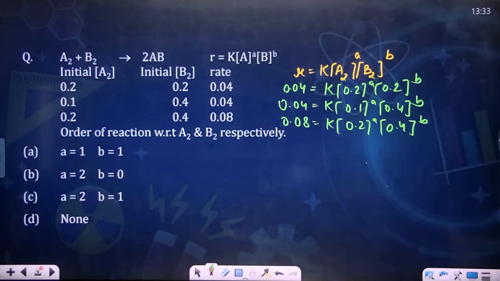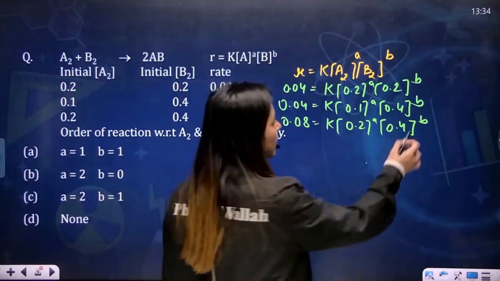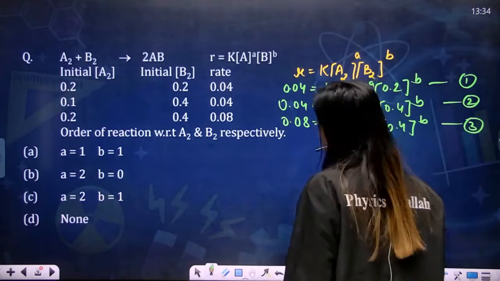Write it down, and then we'll move forward. I hope you've written this. These are the three equations which you have derived: first equation, second equation, and third equation.